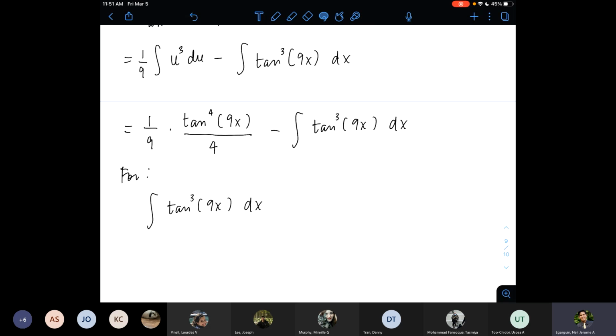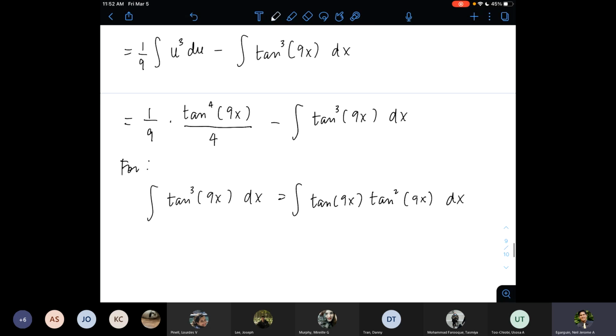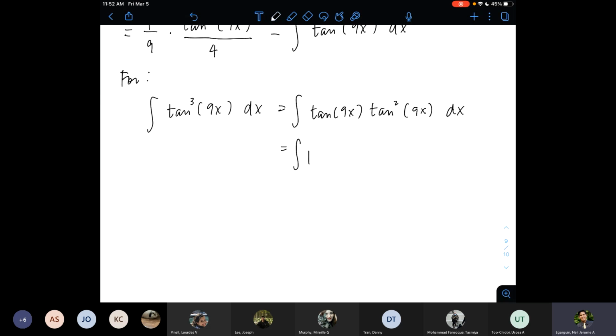Muriel is correct. You can again do the same trick I did before. Write it as tangent 9x times tangent squared 9x dx, and then use the secant identity again, because again, tangents alone are hard to manipulate. That's why you want the secant to go with it.